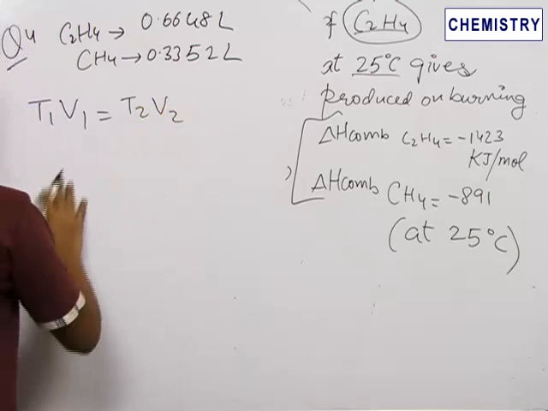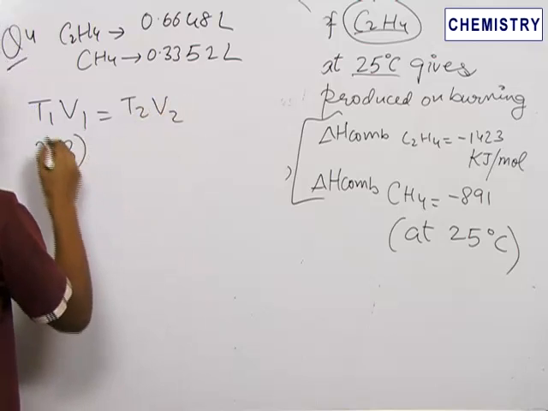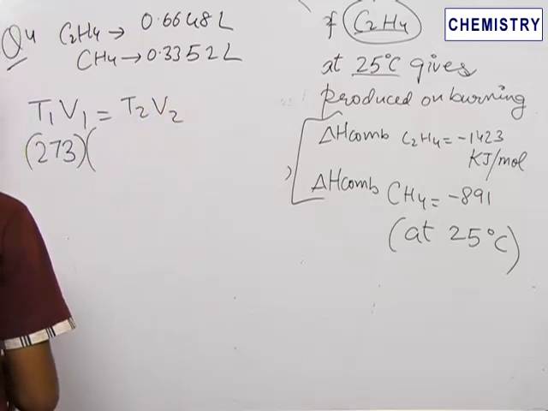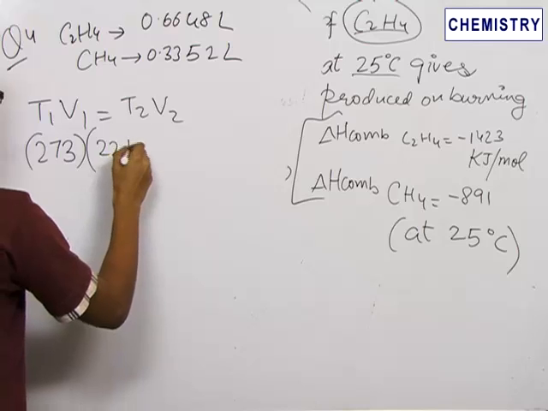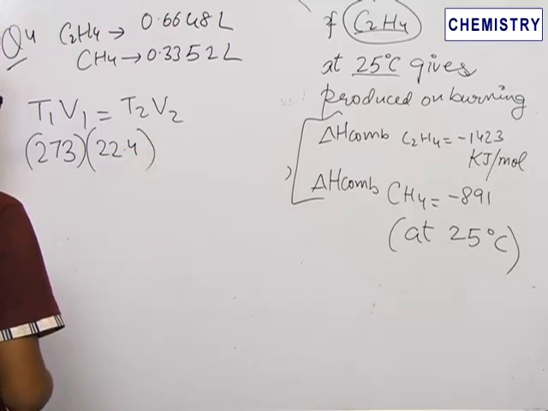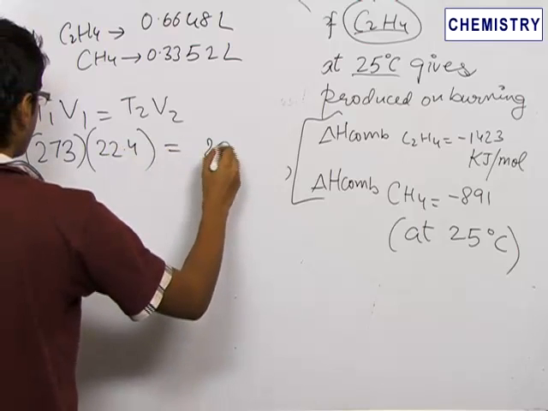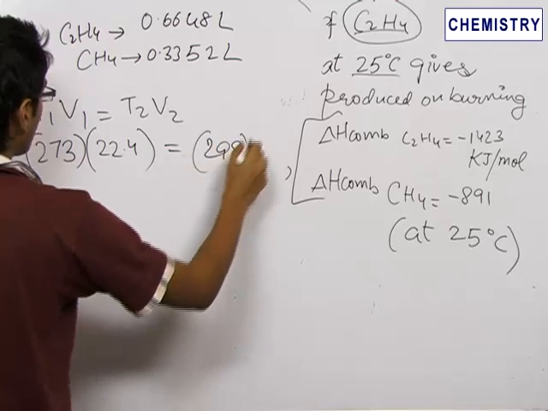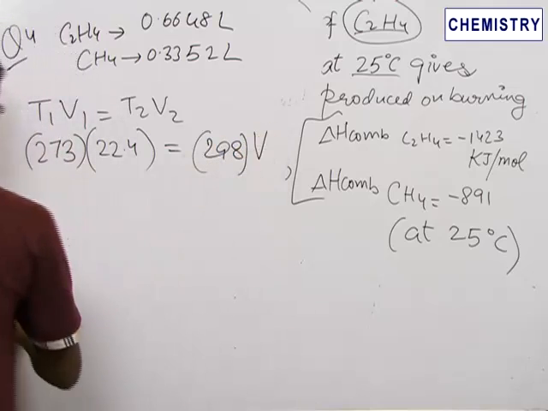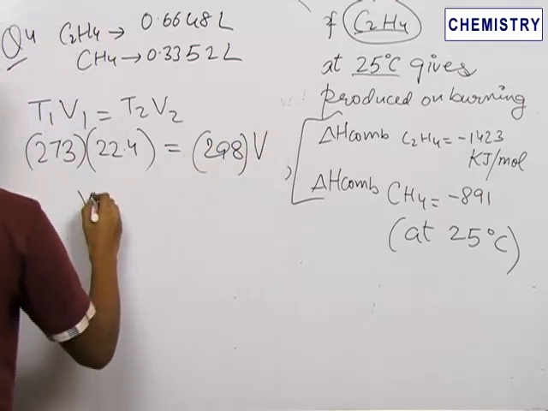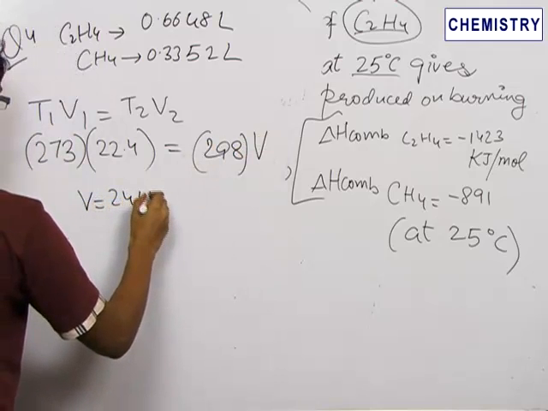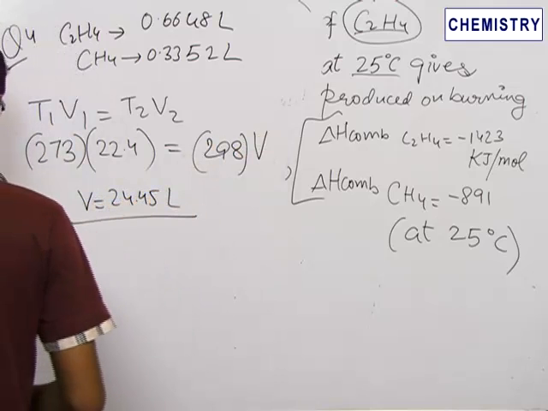The temperature initially was 0 degree centigrade, which is 273, into V1, which was equal to 22.4, is equal to T2, which is 25 degree centigrade, and we need to find the volume as V. On solving this equation, we get V equals 24.45 liters.